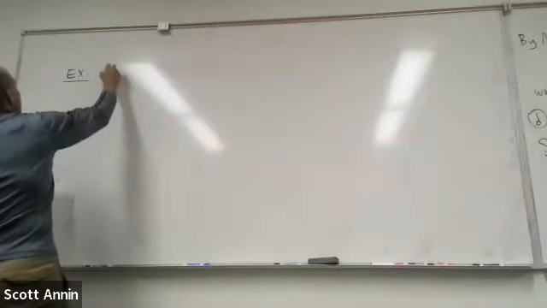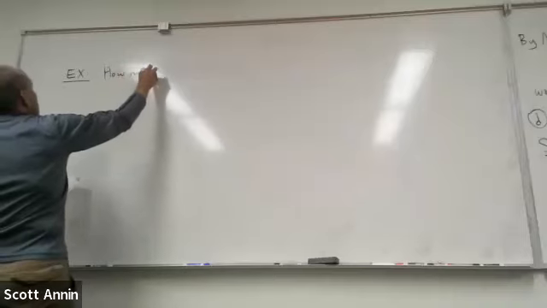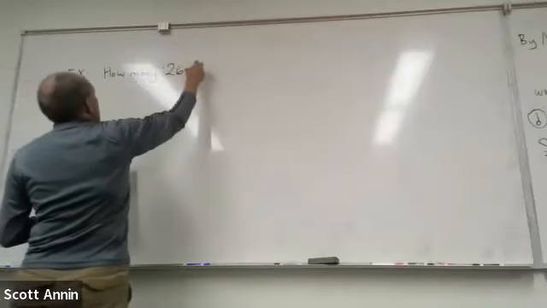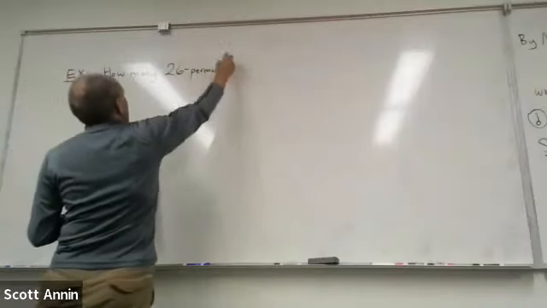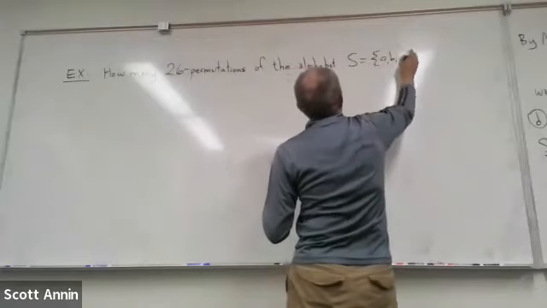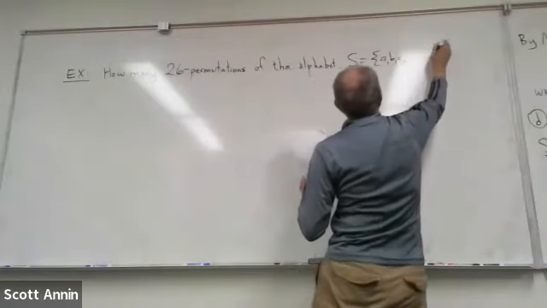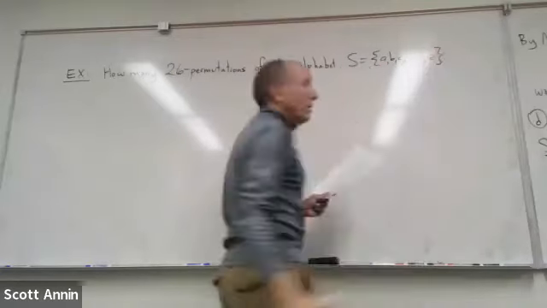How many 26 permutations of the alphabet? Okay, so we're taking the set, right? So S here is just the entire alphabet, A, B, C, D, and so on, all the way through Z. We're actually going to take all 26 letters and jumble them up into a permutation.